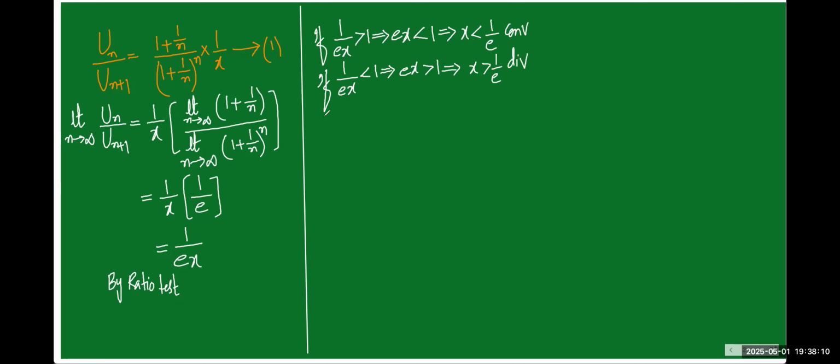Now, one more point. If 1 by x is equal to 1, this implies x is equal to 1 by e. Test fails.